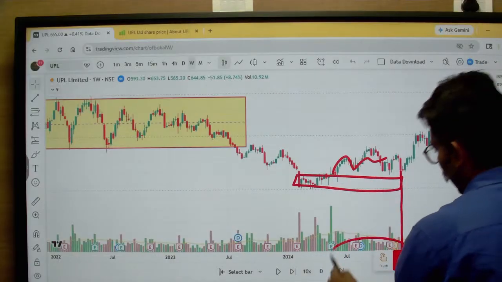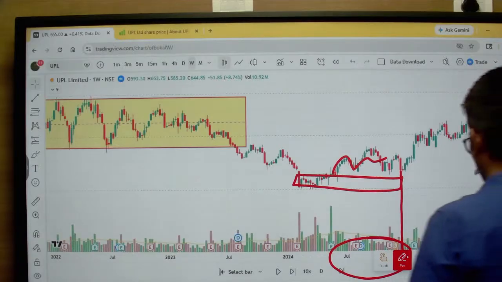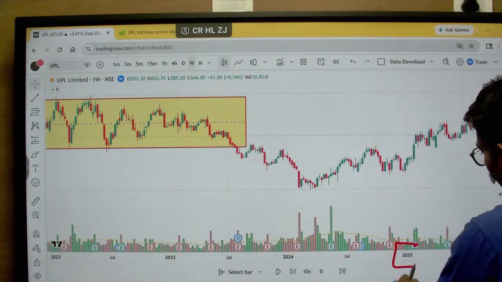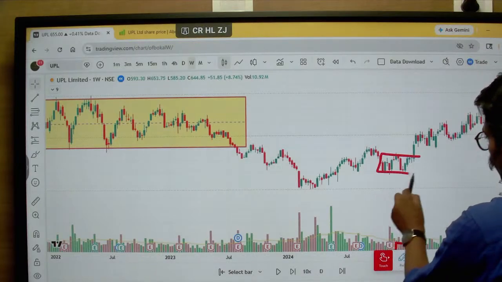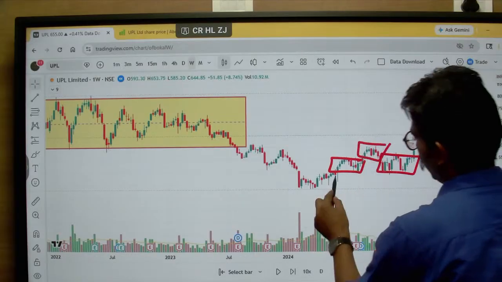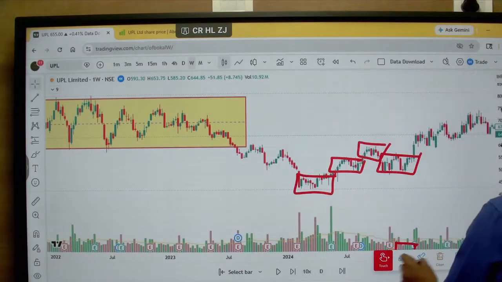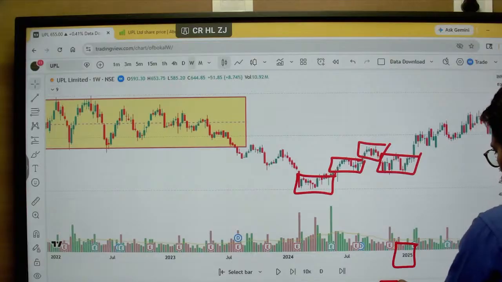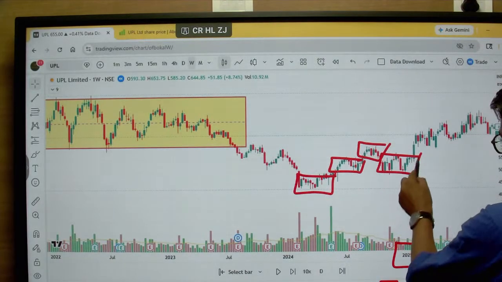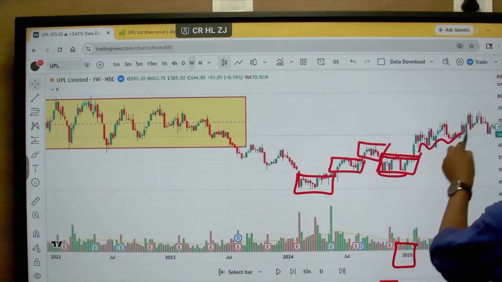Maybe in the second half of 2024, if you notice this carefully, and the second wave, it consolidates here, here, here. There are 3-4 phases, and I think only in 2025, after consolidating, the stock prices move.